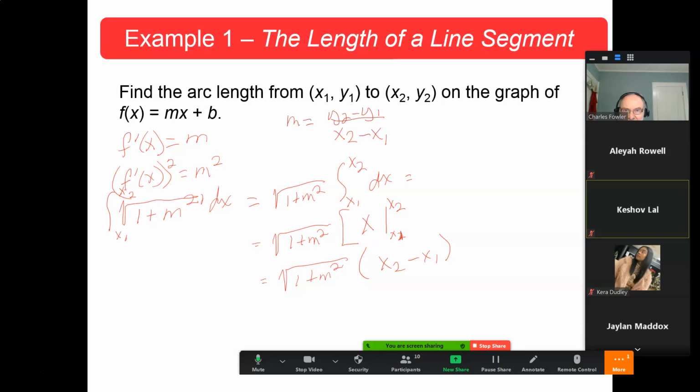So let's put that in the formula we have down here. That would be the square root of 1 plus (y2 minus y1) squared over (x2 minus x1) squared, all that under the square root, times x2 minus x1.